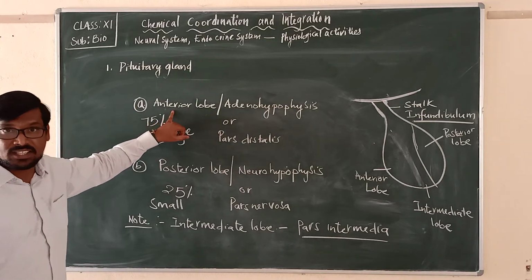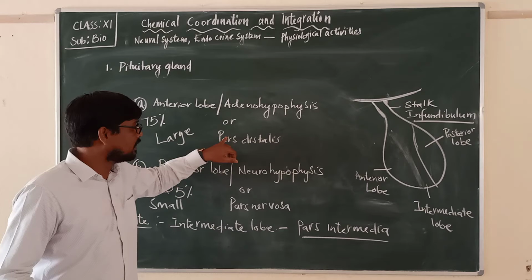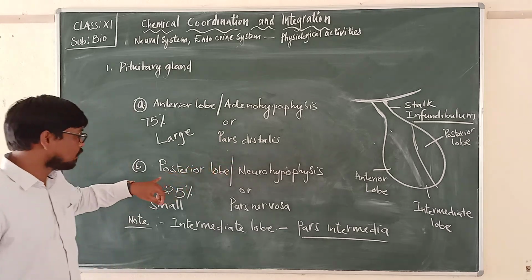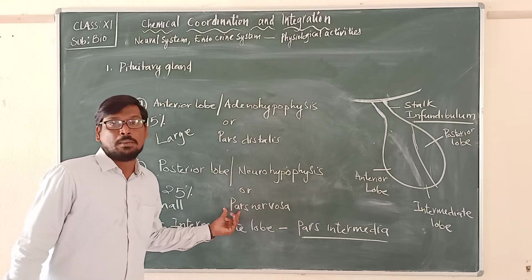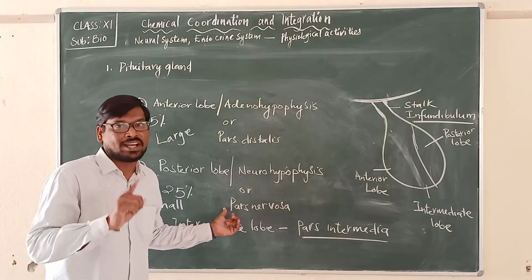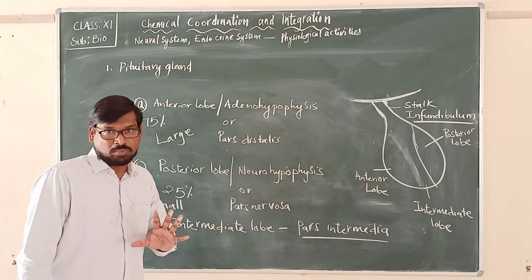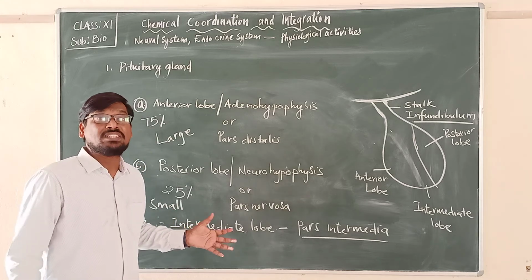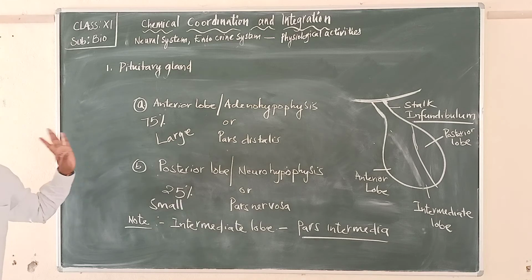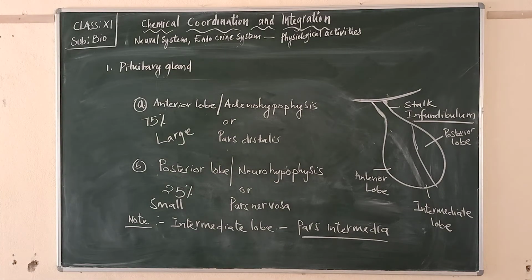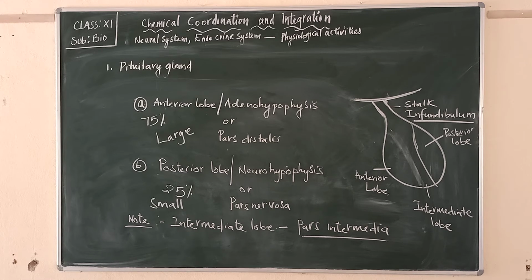One is the anterior lobe, adenohypophysis, or pars distalis. The other is the posterior lobe, neurohypophysis, or pars nervosa. There is no intermediate lobe, as it is completely merged with the anterior lobe of the pituitary gland. These are the two lobes present in the human pituitary gland.